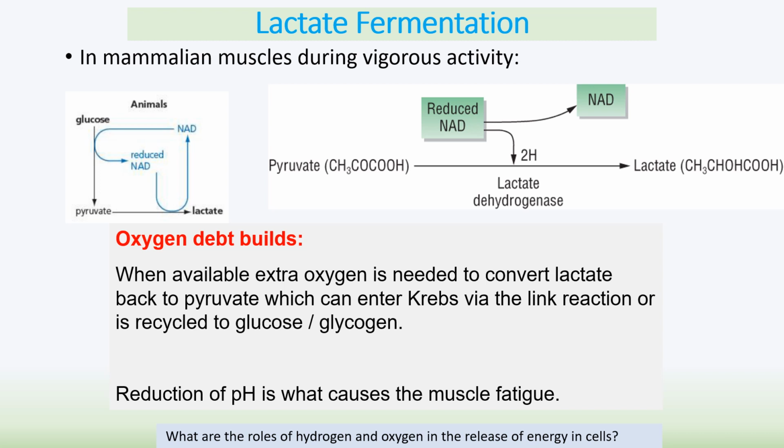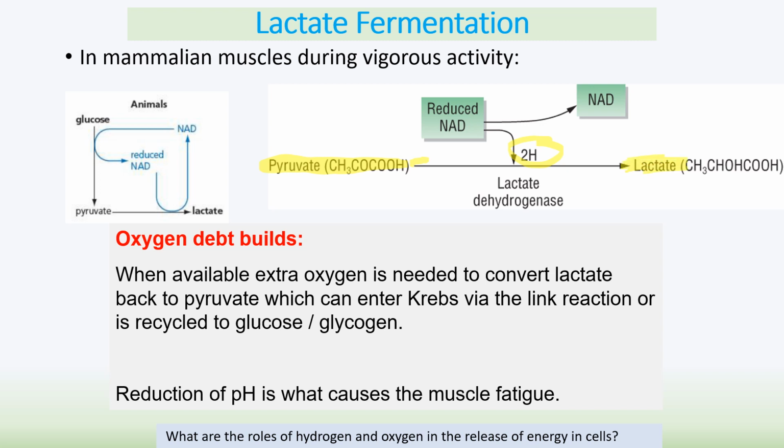In terms of anaerobic respiration, there are two main processes. There is lactate fermentation, which happens in mammals, where pyruvate from glycolysis is used to re-accept those hydrogens. So the pyruvate is reduced, accepting hydrogens from the NAD using an enzyme called lactate dehydrogenase to turn it back into lactate.